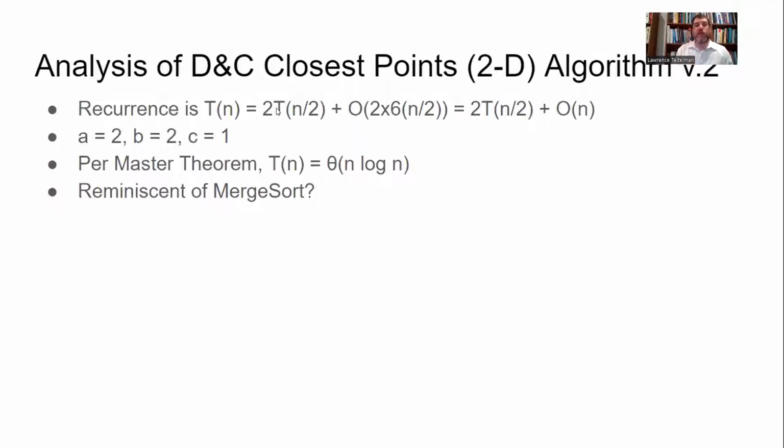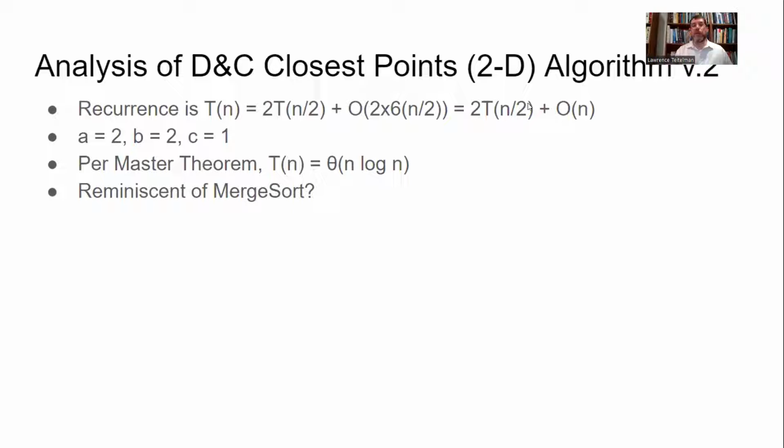We still have 2 subproblems. Each subproblem is still half the size of the original, but now how much work do we need to do? It's 6 points on one side of the line times all the points on the other side, times 2, because I need to do it each way. So that is order of n. 2 times 6n divided by 2 is order of n.